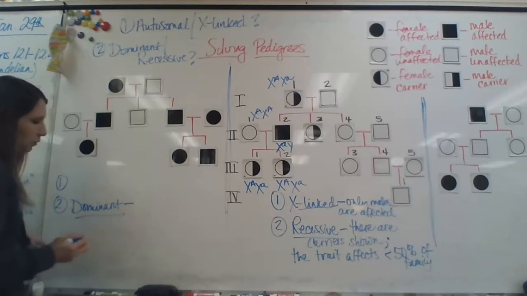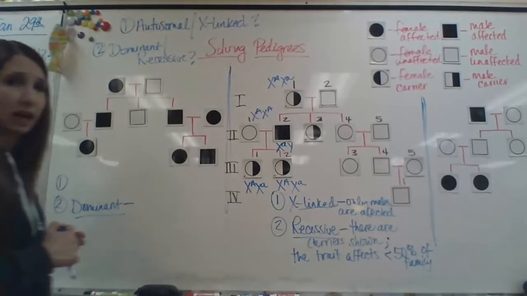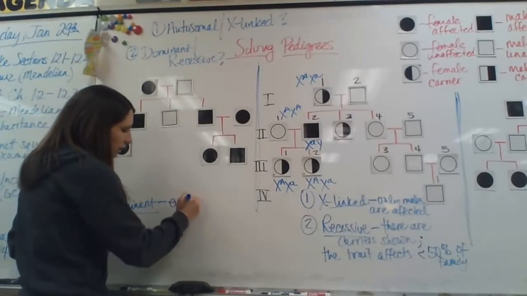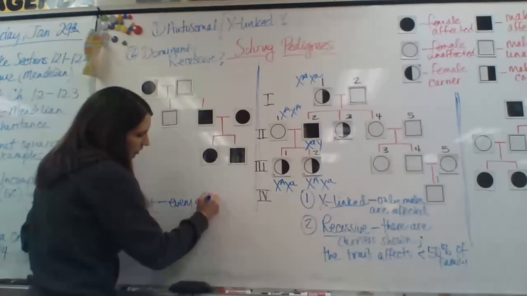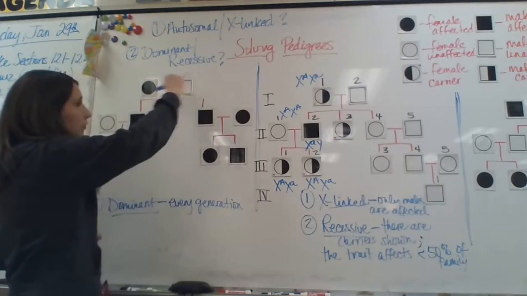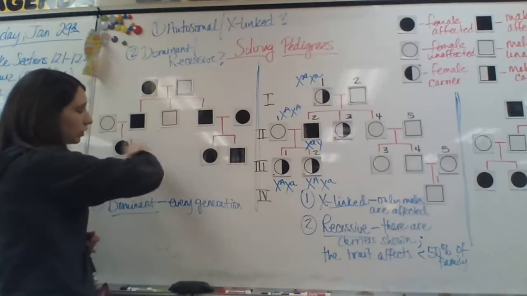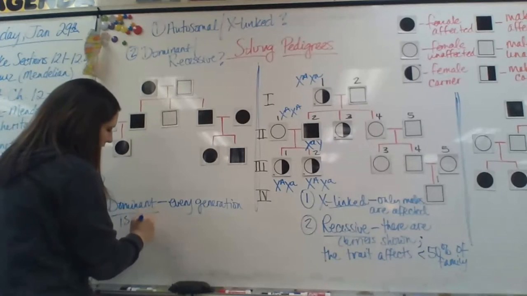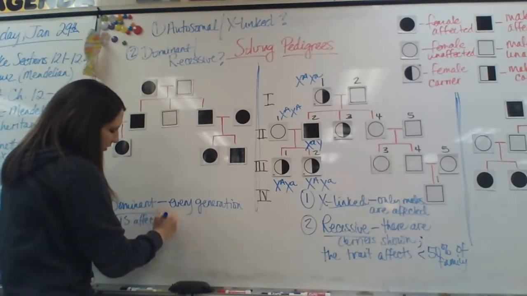Okay, and our explanations for that would be: every generation is affected. Again, generations being these family groups, so Roman numerals 1, 2, and 3. That's one thing.